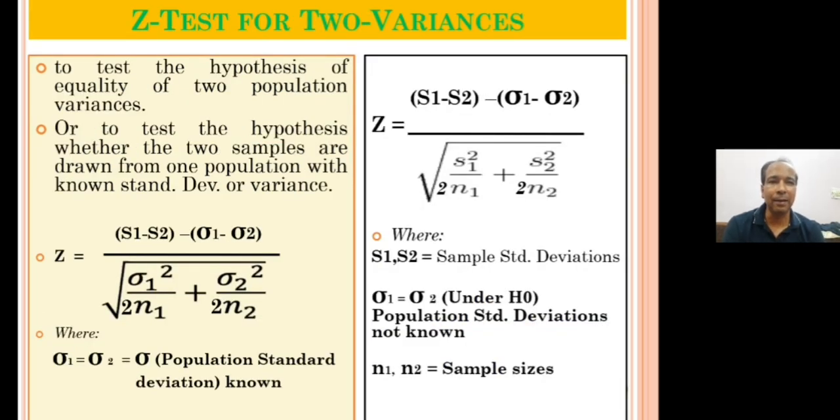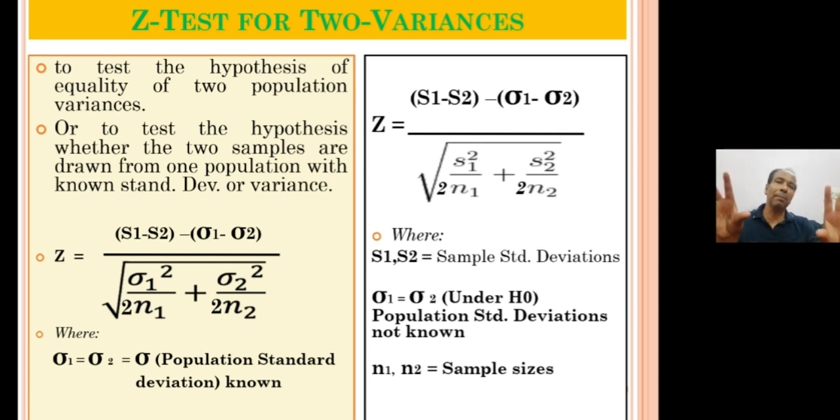Here we can see how the Z statistic is formed. Again, I am going to tell you what hypothesis we are going to test with this Z statistic for two variances. This statistic is to test the hypothesis of equality of two population variances, or to test the hypothesis whether the two samples are drawn from one population.